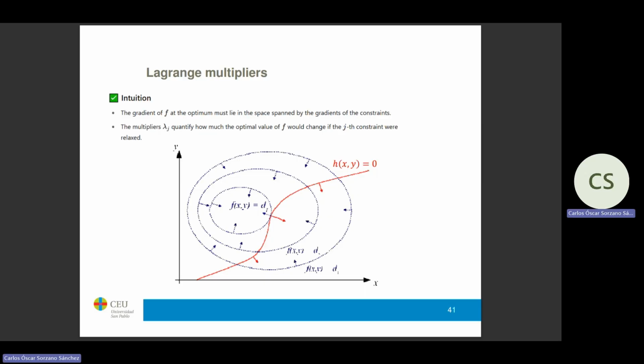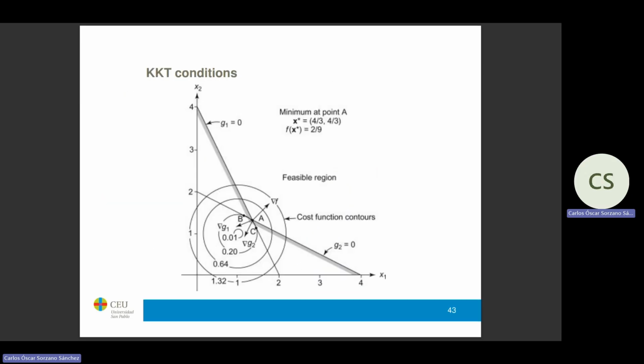If it is an equality constraint, they have to be on the constraint. Very typically the optimal are in the boundaries because the function is growing or decreasing in one particular direction. And then because of the constraints, you cannot go to the minimum. Then you stay as far as you can go allowed by the constraints.